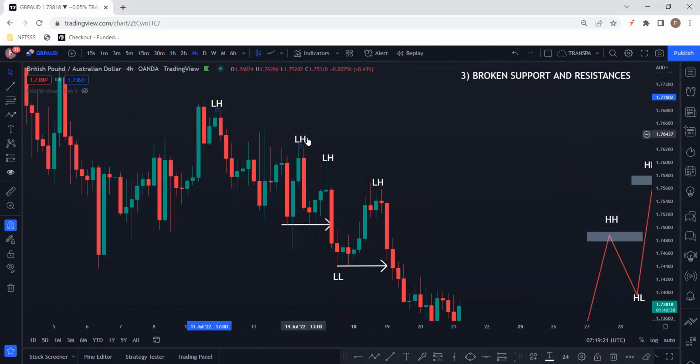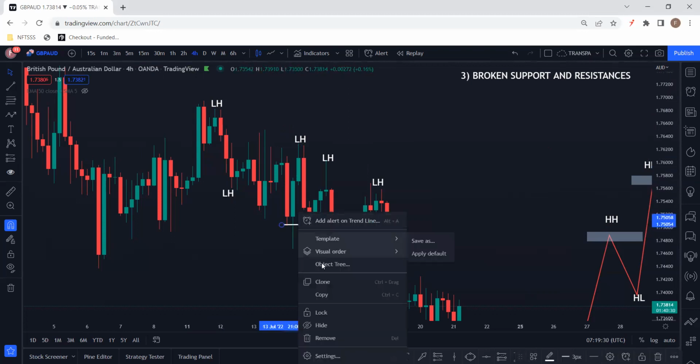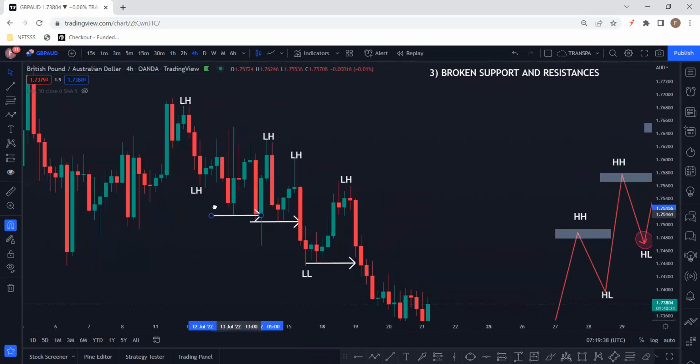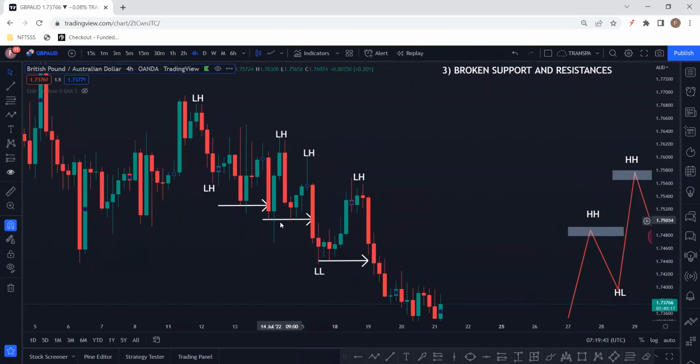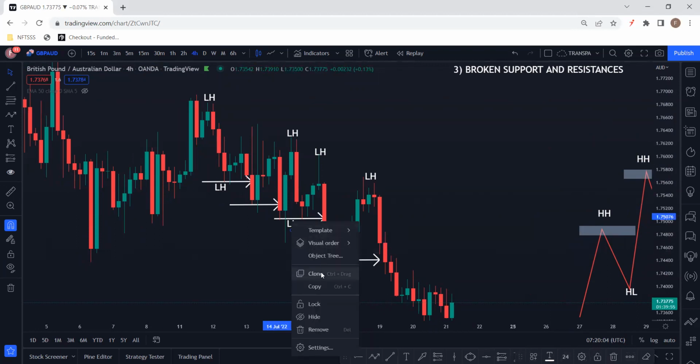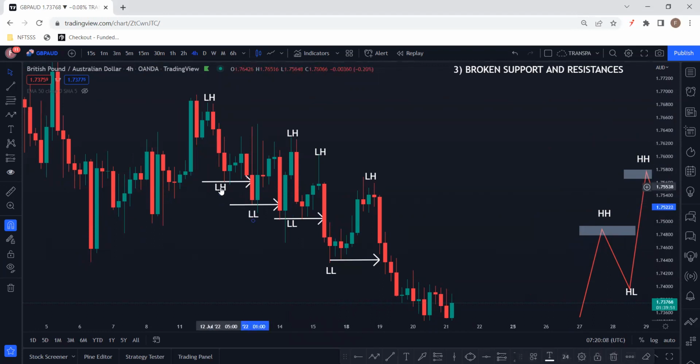And once you can identify that, the arrows here are used to identify every place where the previous lower low has been broken.